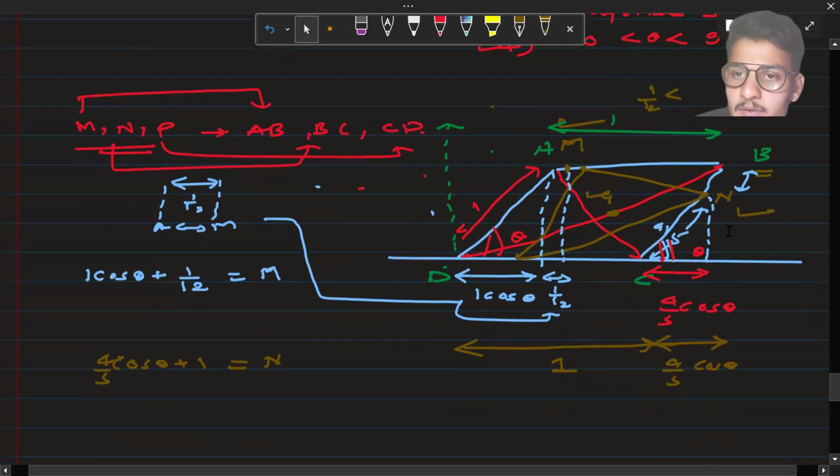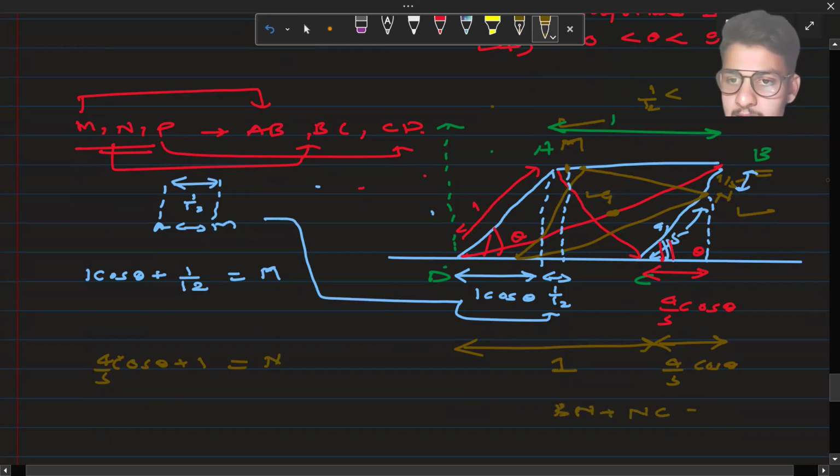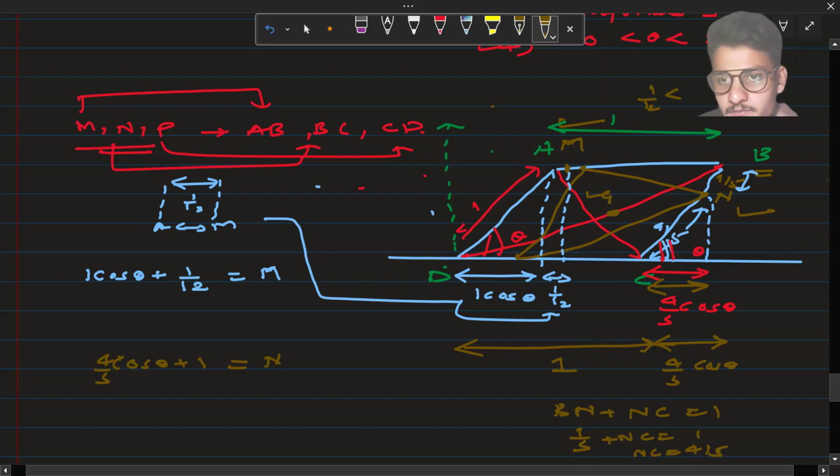Because BN is 1/5, so NC will be 4/5. Because BN plus NC is 1 and BN is 1/5, NC becomes 1 minus 1/5, which is 4/5. So NC cos theta will become this much distance.